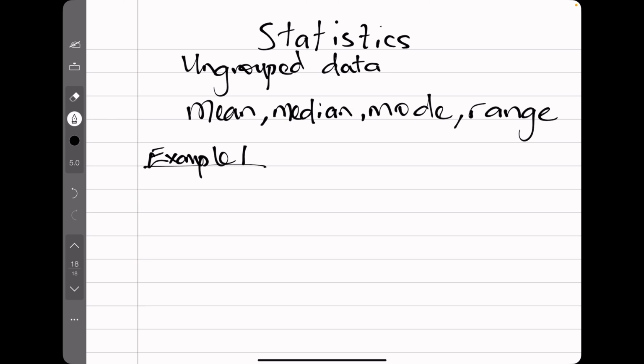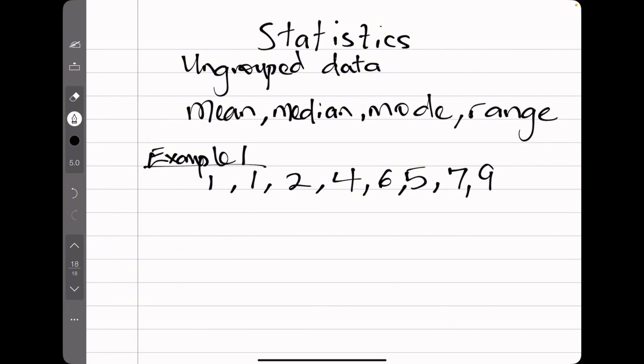I would use 1, 1, 2, 4, 6, 5, 7, 9 as an example. To calculate whatever you want to calculate, the first and most important thing to do is to arrange it in a specific order, either ascending order, from the smallest to the largest, or descending order, from the largest to the smallest.